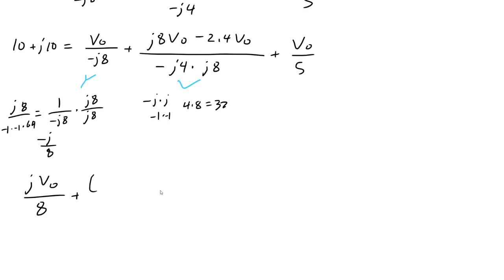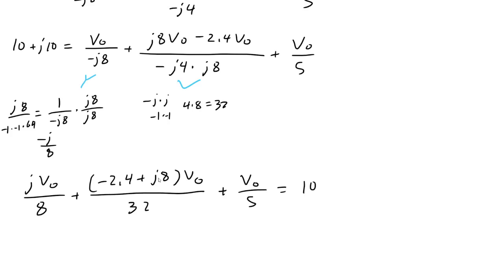Okay. Minus 2.4 plus 8J, VO over 32, plus VO over 5 equals 10 plus J10.